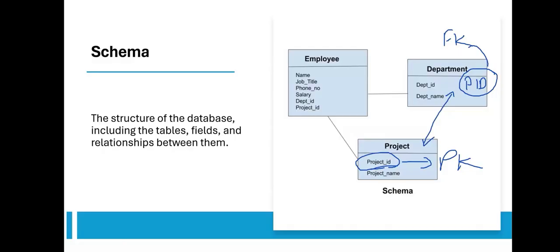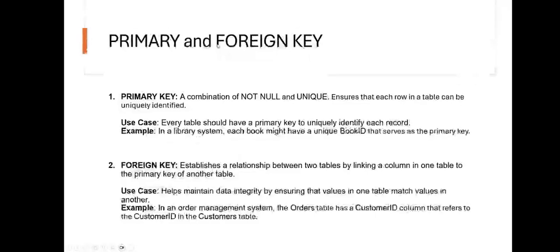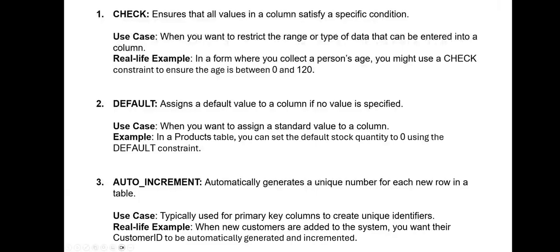Okay, so that is the concept behind foreign key, and primary key and foreign key are very, very important concepts. And again, primary key is a combination of not null and unique. Now there are certain additional constraints that we can add. One of which is a check constraint. A check constraint ensures that all values in a column satisfy a condition.